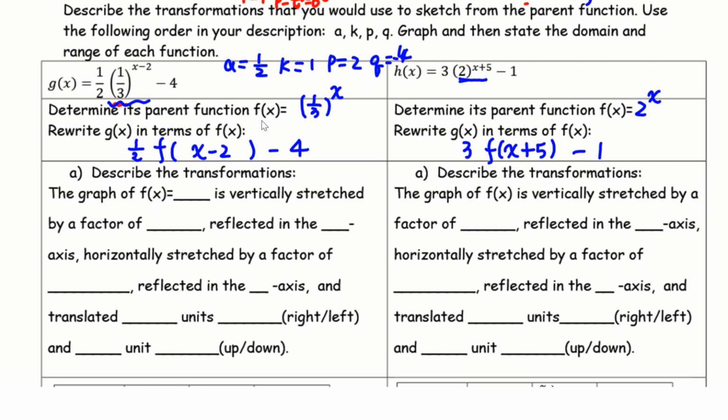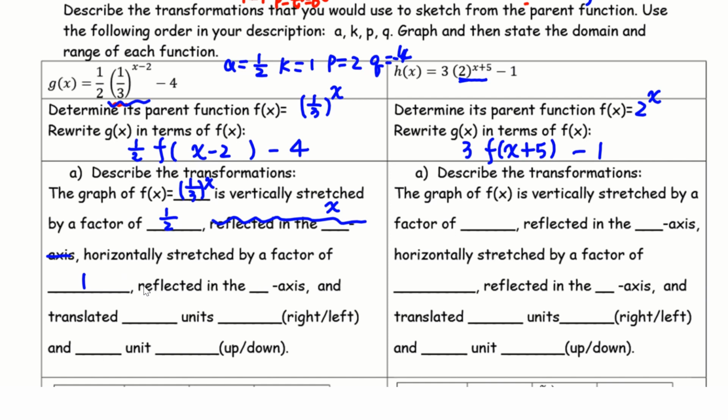So the graph of parent function 1 over 3 to the exponent x is vertically stretched by a factor of a value, positive only, and because it's positive, so no reflect. If negative, it will be reflected in the x-axis. Then horizontally stretched by a factor of 1 over k. 1 over k is 1, so it's no horizontal stretch.